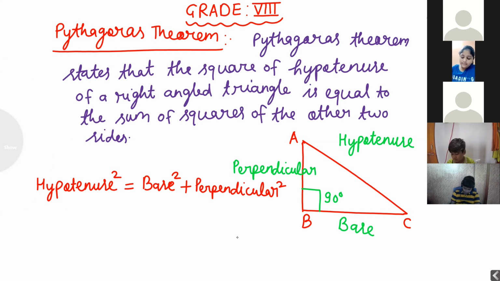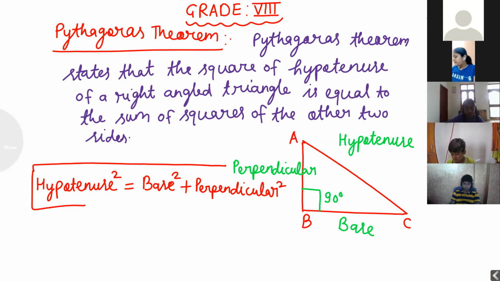This is the main formula of the Pythagoras theorem.